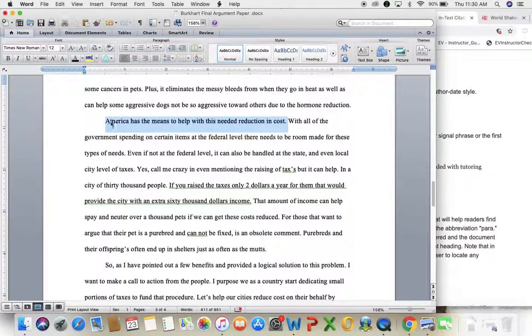At this point, I'm still wondering why is it needed? No, sorry, not why is it needed, but why is the reduction in cost needed? So I think more information is needed, because $100 to $500 does not seem like an exceptional amount of money based on a $60,000 a year average American income.